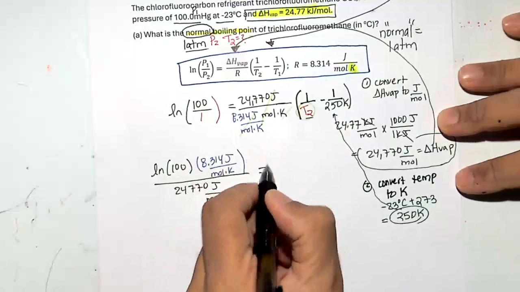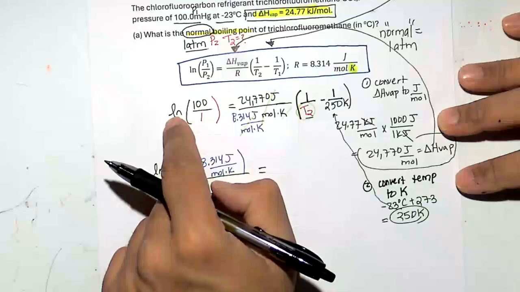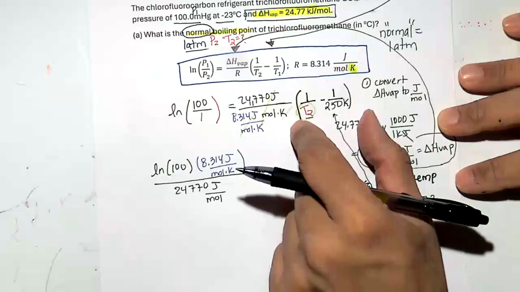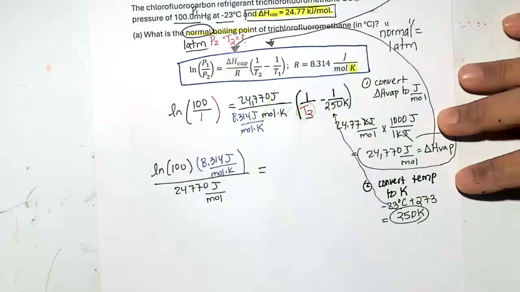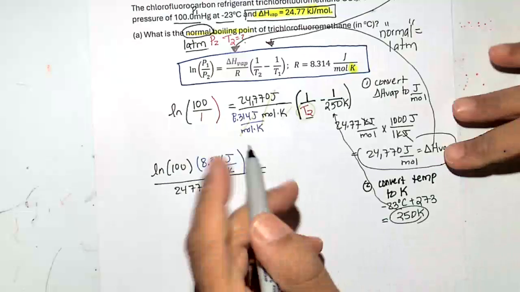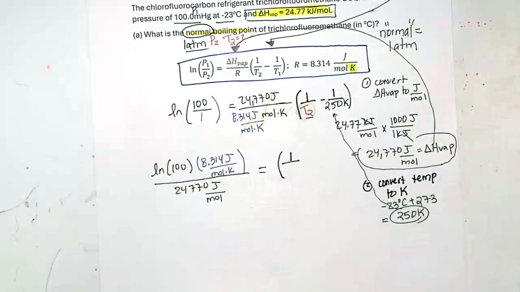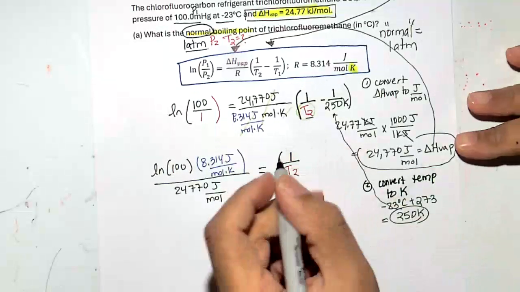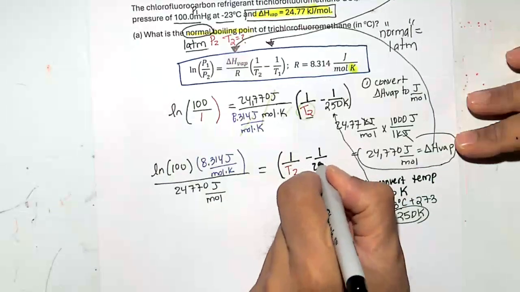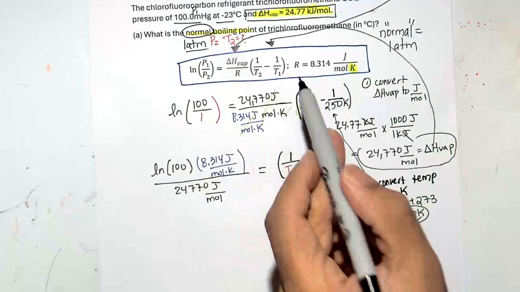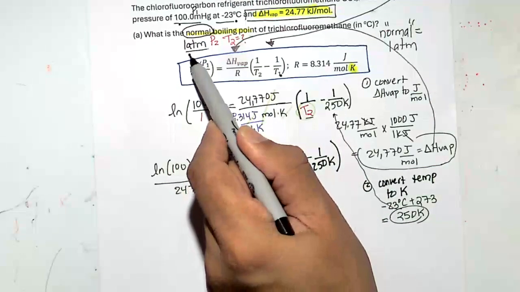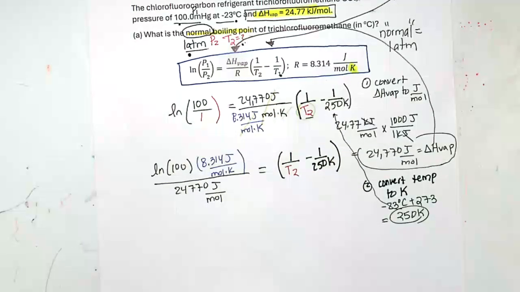Joules per mole. So multiply by the blue, divide by the black, keep this subtraction as one entity. My T1 is this, my P1, my P2, and then T2.